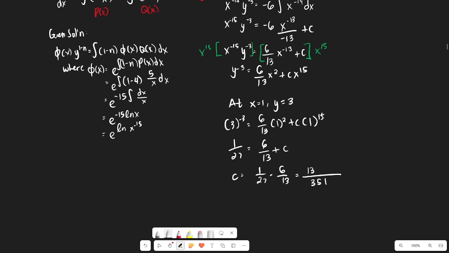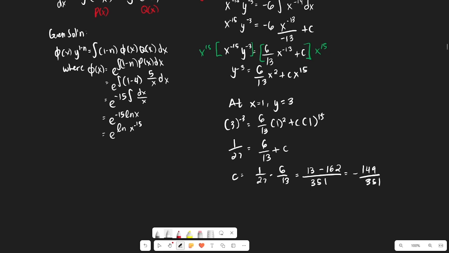Since 13 times 1 is 13 over 351, that would be 1 over 27. And for the next one, we have negative 6 times 27, we're gonna get 162. So when we subtract these two, what we're gonna get is negative 149 divided by 351.